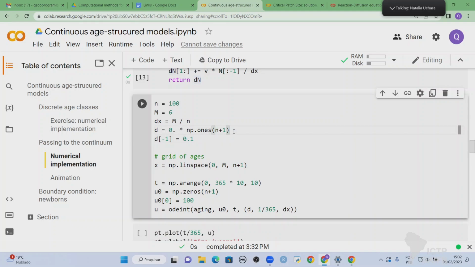Once again, I don't want any birth or any death except at the last class. I'm going to see how it happens with the initial population of 100 for newborns, and let's see what happens with this population. Here we go.